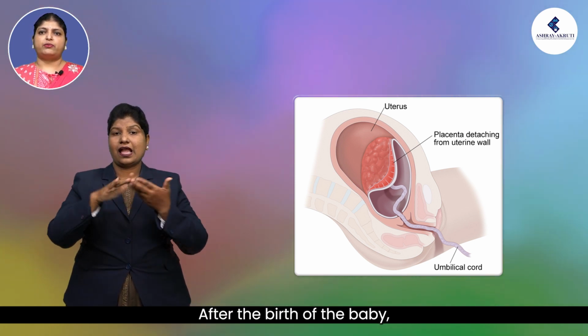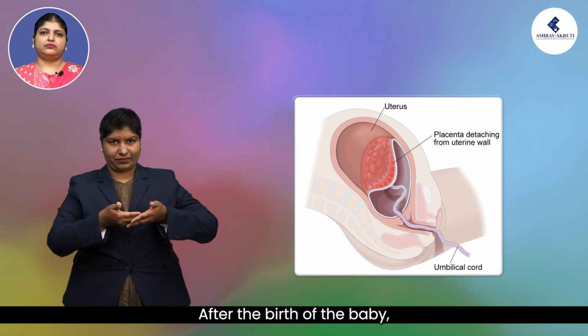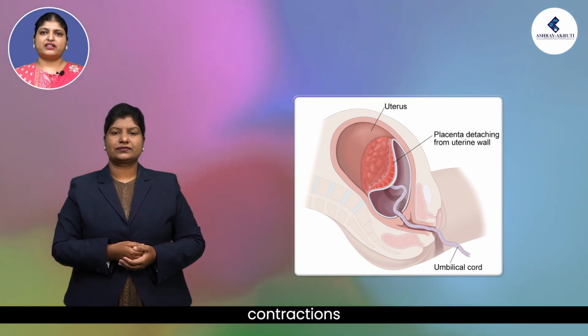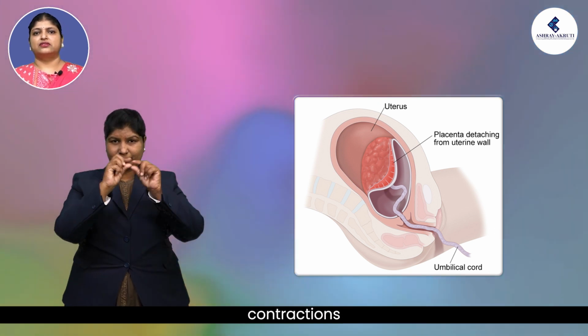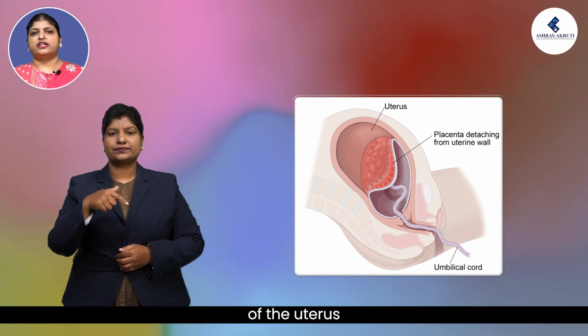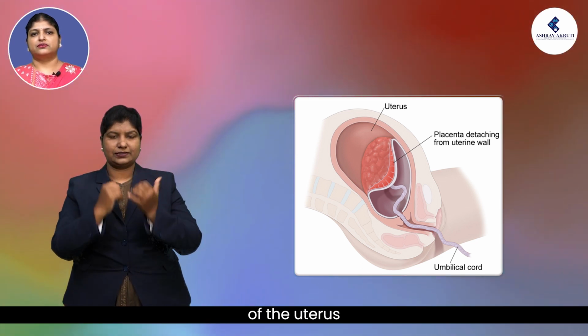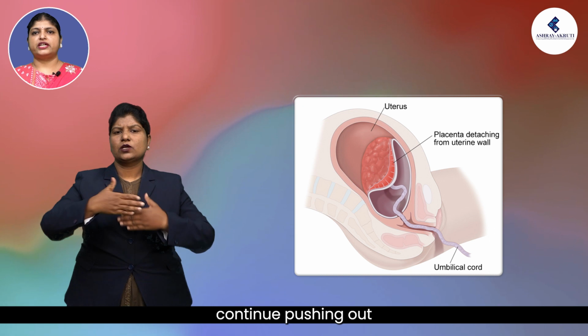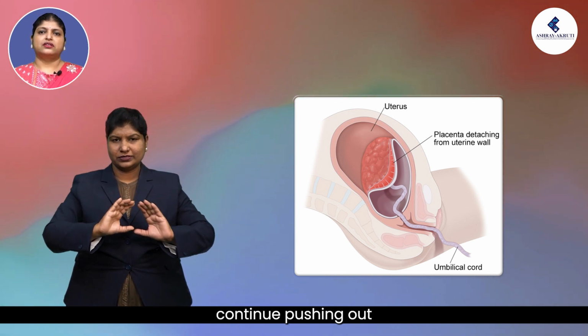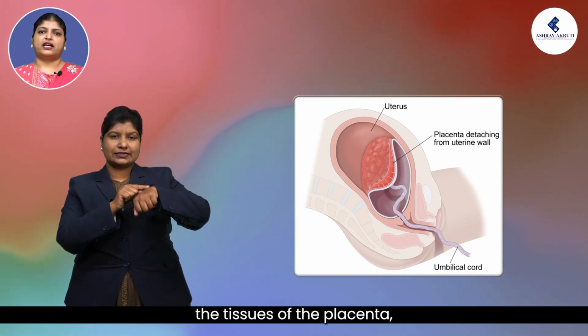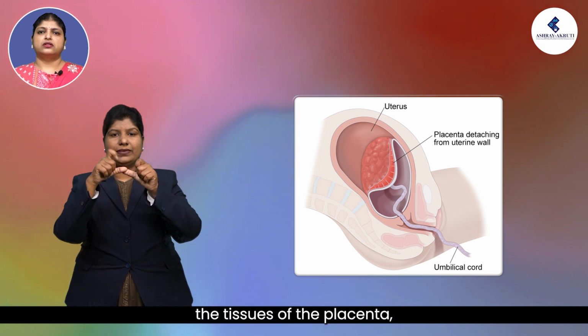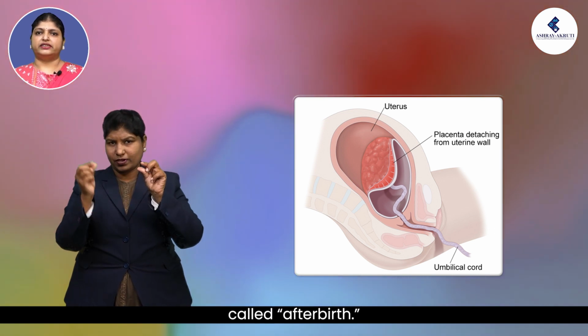After the birth of the baby, the muscular contractions of the uterus continue pushing out the tissues of the placenta called afterbirth.